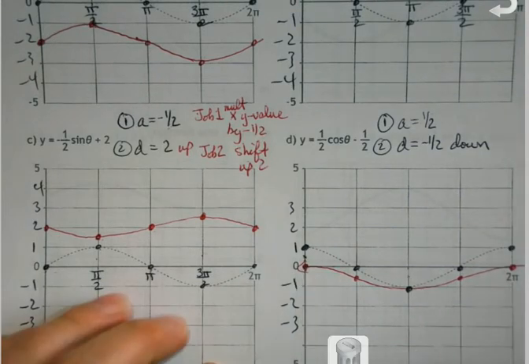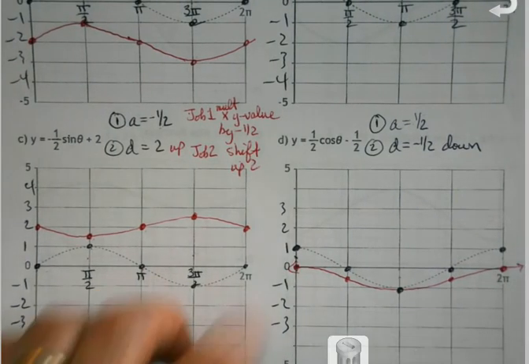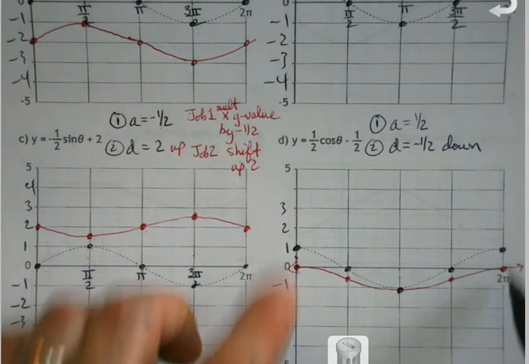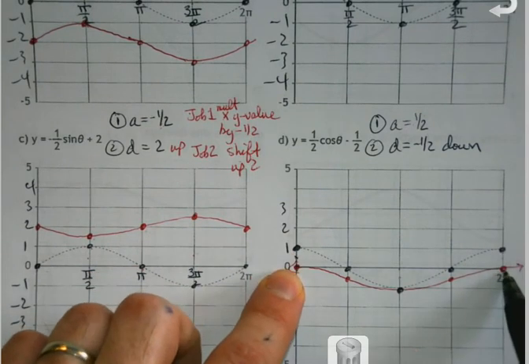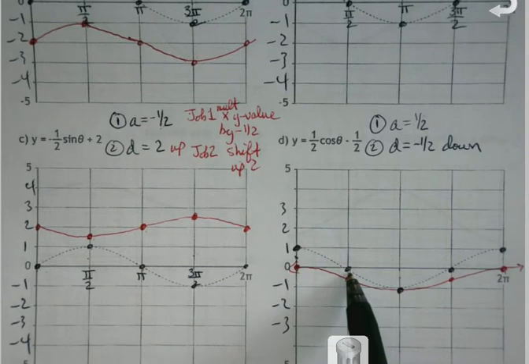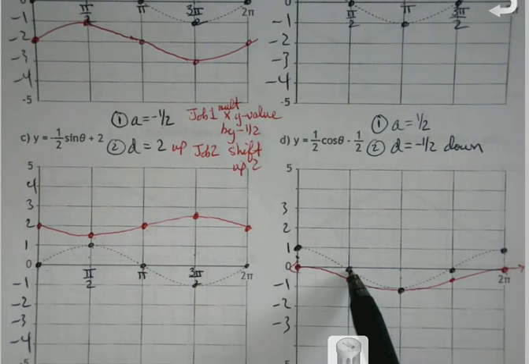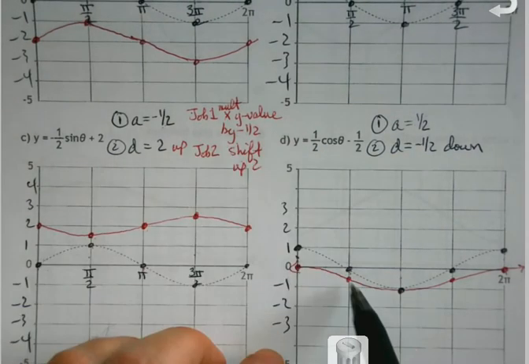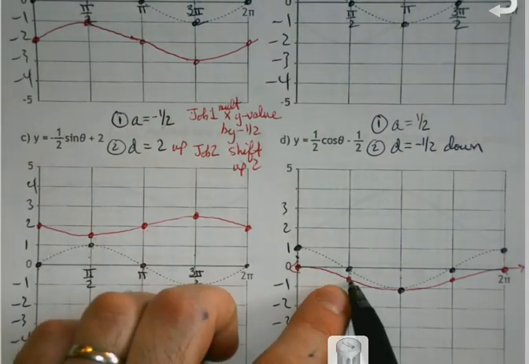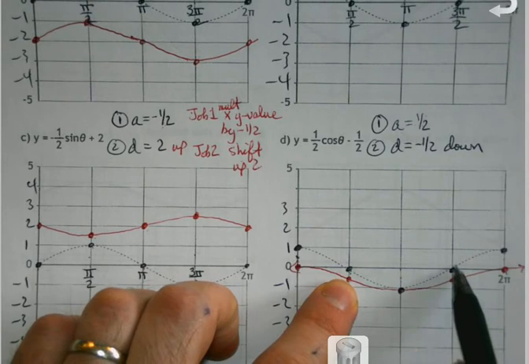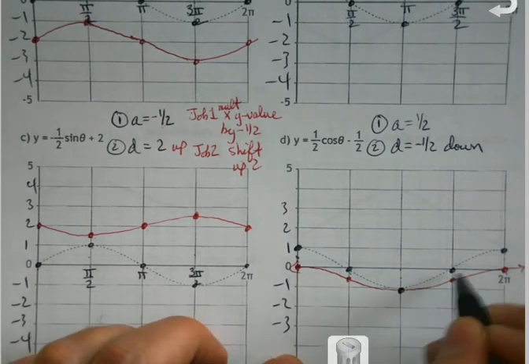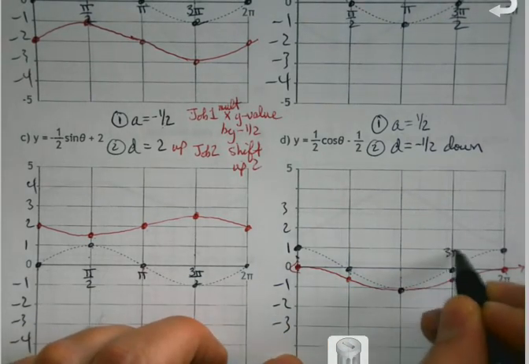So I notice right away I have another point down at 2 pi that's exactly the same. So I know these two are both going to be the same, so I'm just going to put my dots there. When I move to my second dot, which is at 0, well, 0 times 1/2 isn't going to move, so it's still going to be at 0. So I just move the down 1/2, put my dot. And I notice again, I have another one over at 3 pi over 2, which I'll get in over here.